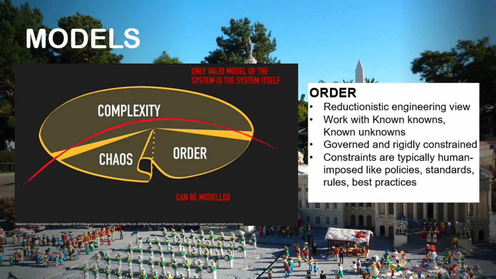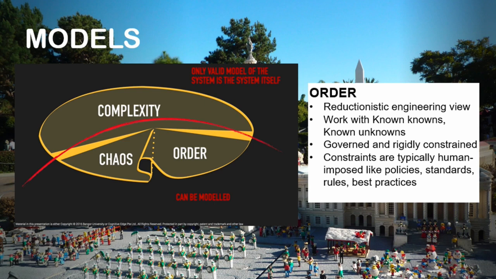Let's see how models can act as scaffolds. As we said, the nature of the system constrains how we can act in it. In the order system, we can use a reductionist engineering approach. We work with known knowns, known unknowns, and known unknowns are also called risk.